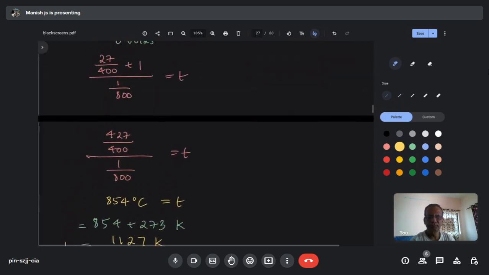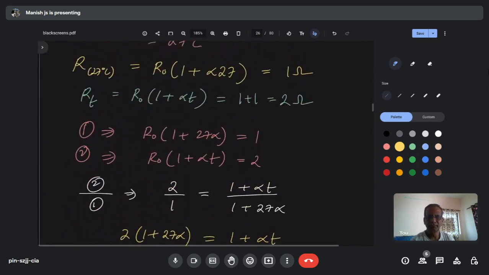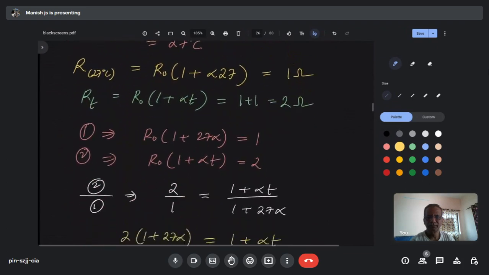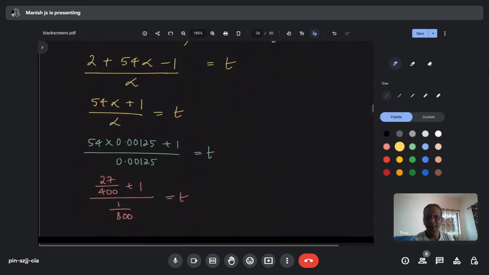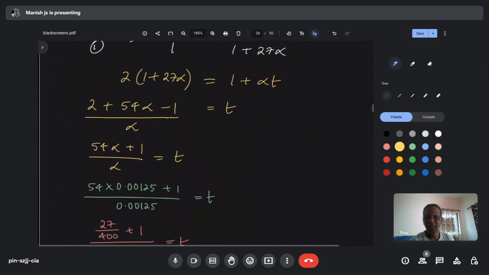Okay. Sir, how did you get 27 divided by 400, sir? How is that done? So that is just exponential calculation. See, I did it like this, 54 into 0.00125. I'm shifting the decimal places and writing in terms of exponent because I like exponential calculations.